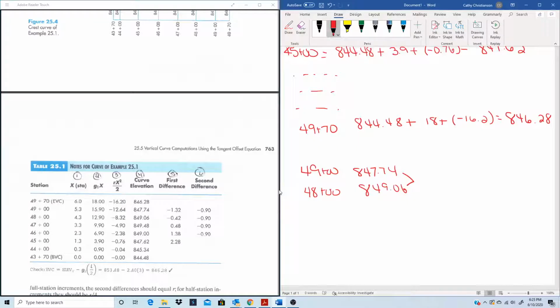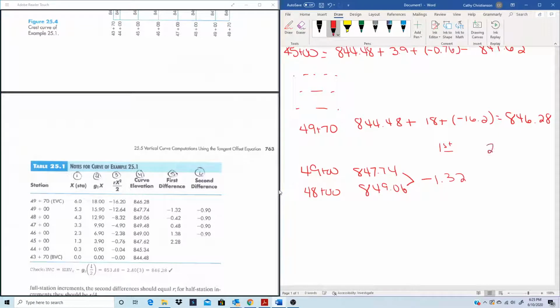There's where that negative comes into play. So if I take 847.74 and I subtract 849.06, that gives me a negative 1.32. So that's called your first difference.